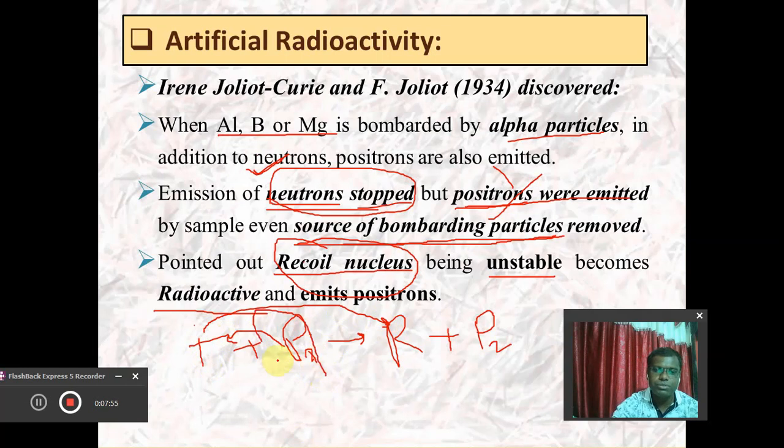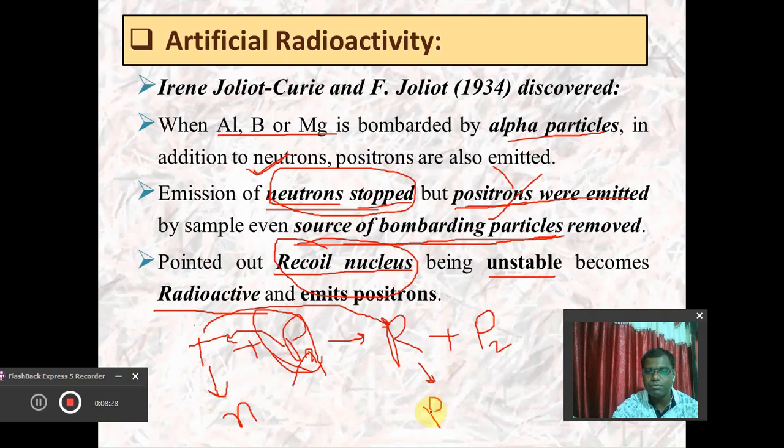But whenever this projectile was removed, the emission of neutron gets stopped, but the positrons were continually emitted by the sample even after the removal of the source of bombarding particle. It means that this target is responsible for the emission of neutron, and this recoil nucleus is unstable and it is responsible for the emission of what?